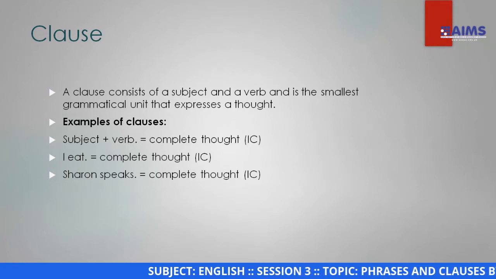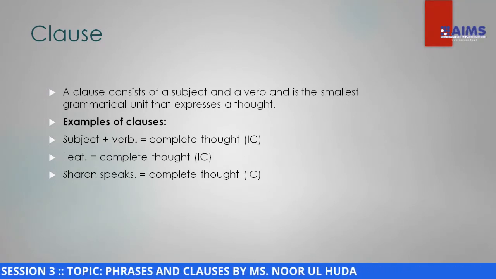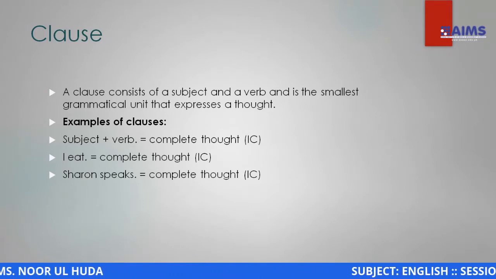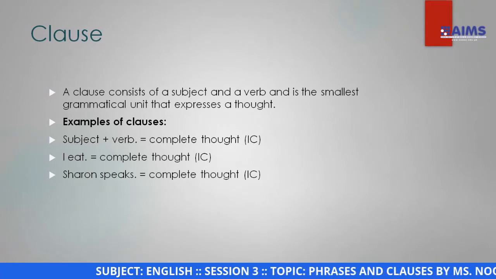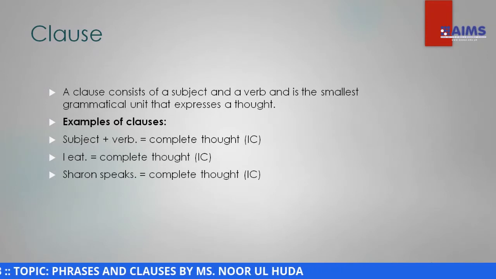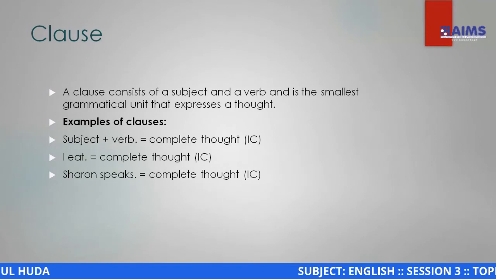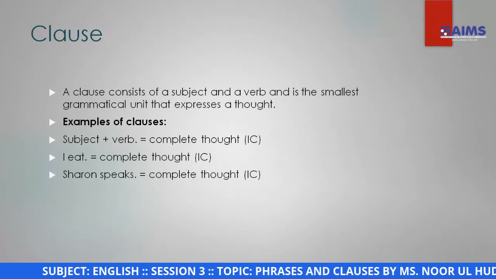The difficult thing in using phrases is to place them accurately in the sentence, meaning where should we put it: in the middle of the sentence, at the end, or in the beginning. So it's a bit tricky to place phrases in sentences. But when you talk about clauses, the construction of clauses is also very important, and a bit difficult as well.